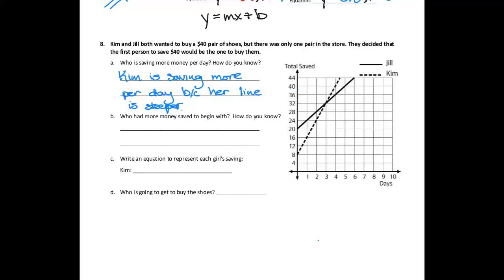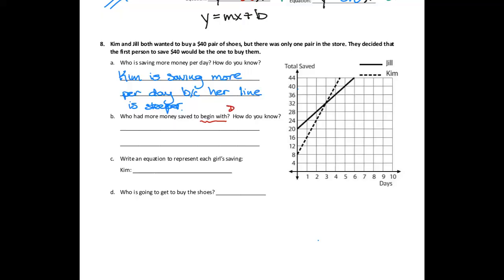Who had more money saved to begin with? Where am I looking at if we're talking about beginning with something? What am I looking at? What day? Yes, the y-axis, your y-intercept.